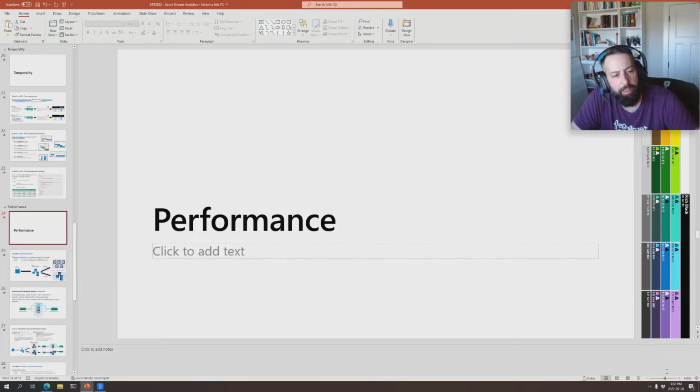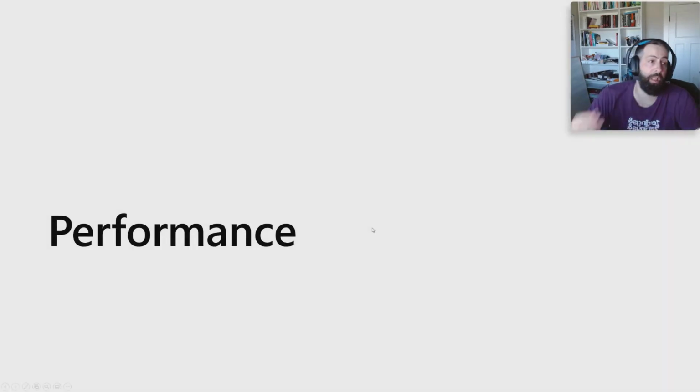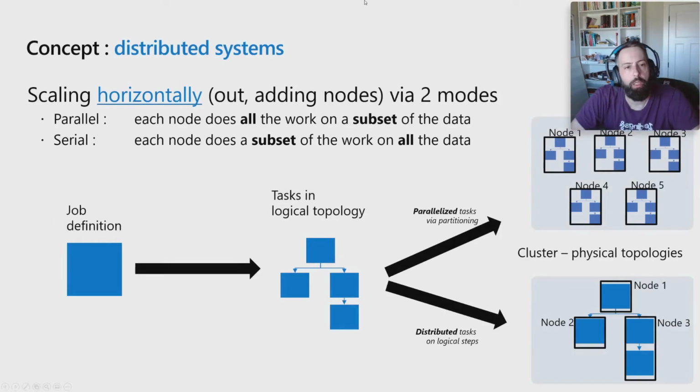Okay. Now let's think about performance, because that's the last point I wanted to talk to you about: what you need to think of when writing that query and building that job to be in the best position, to reduce your costs and be able to scale up if needs be. Stream Analytics is a distributed system. When you provision a job, what you provision is a cluster behind the scenes.